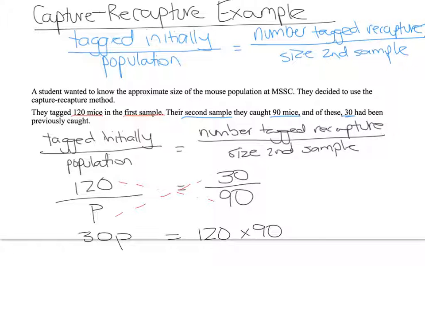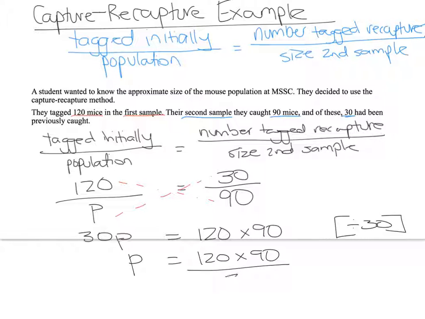Then all we do is, if we're going to do 30 times P to get P on its own, we're going to divide both sides by 30. Because we're multiplying, we're going to divide. So this will just be 120 times 90. We'll just divide the whole thing by 30. And then when we put that in the calculator, we go 120 times 90, that gives us 10,800. And then we divide that by 30, and that gives us 360.